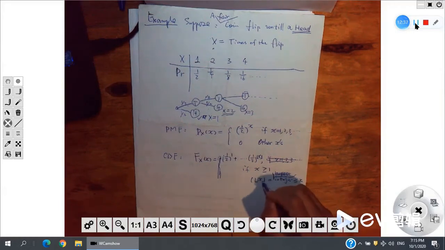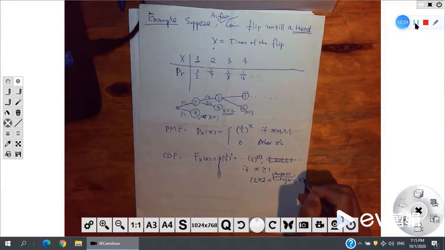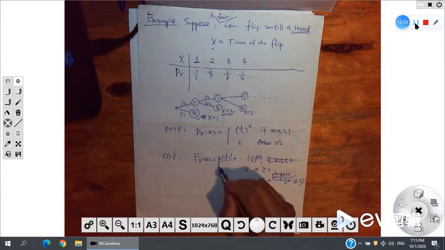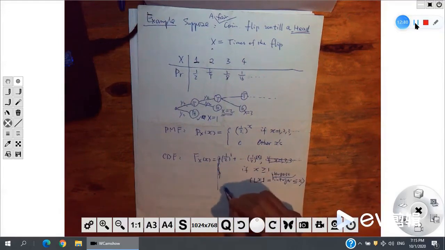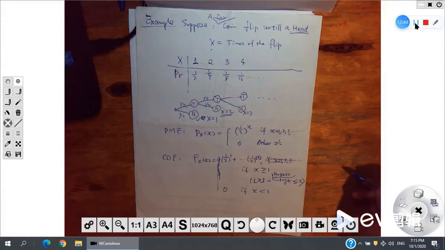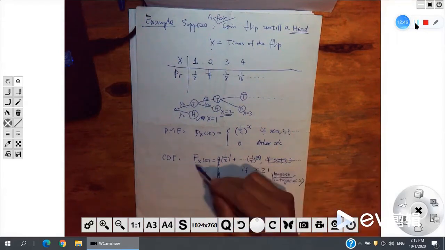I use this notation to denote it. So it is this one if x is larger than 1, and it is 0 if x is smaller than 1. Alright, so it looks like this. This is F_X.